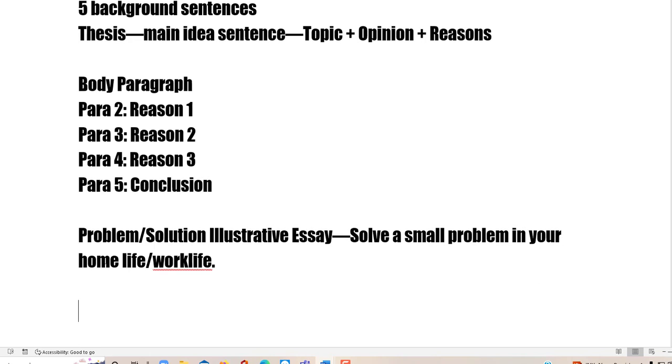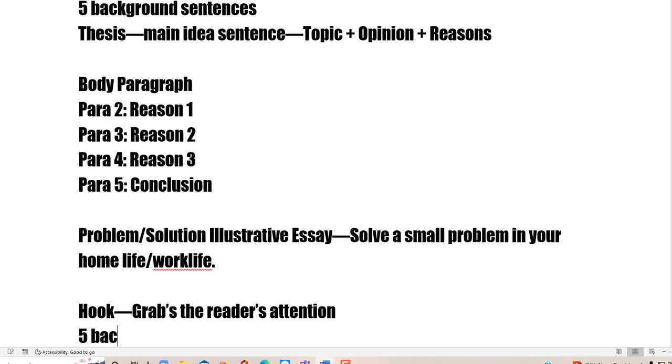How you do that is you need to have a hook, which grabs the reader's attention. Then in 5 background sentences, you state the problem.